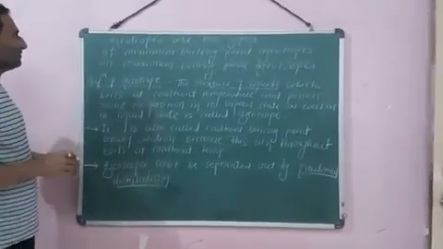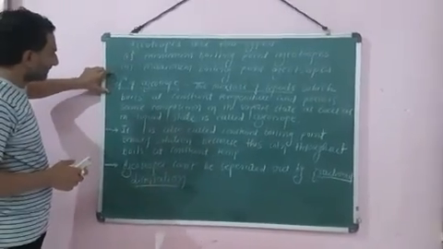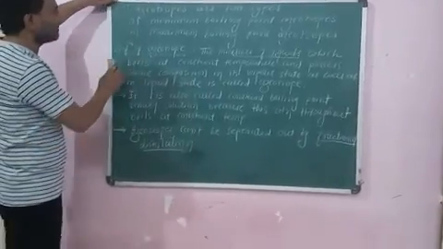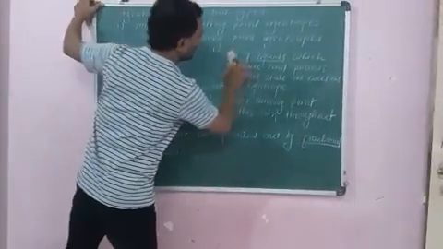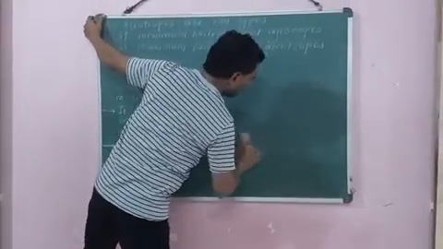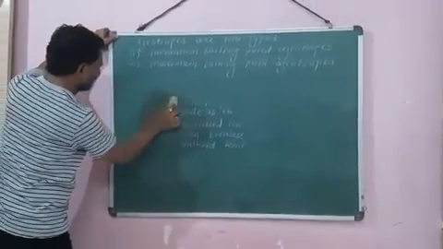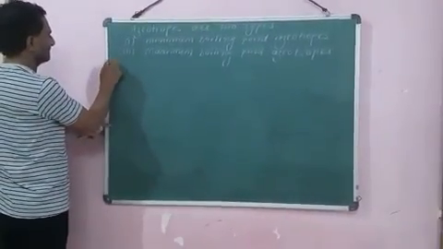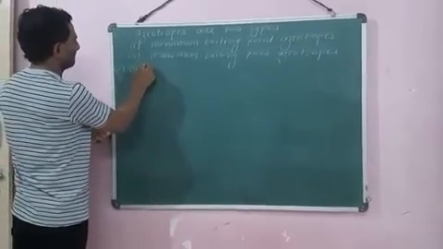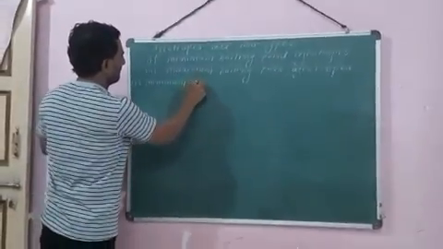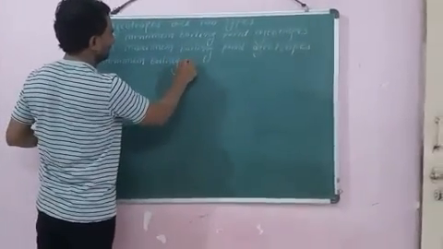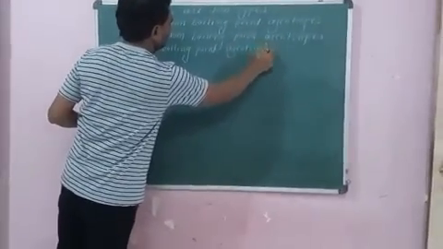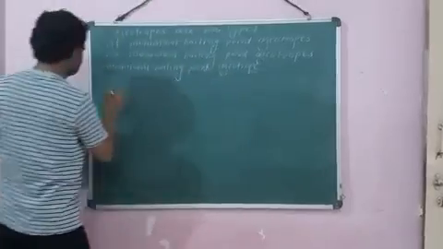So after the discussion of the definition of azeotrope, let us discuss the first one, the minimum boiling point azeotrope. That can be explained.